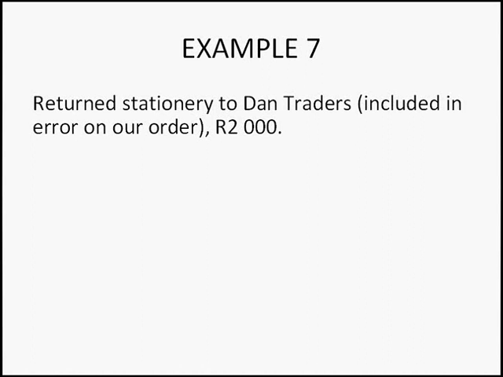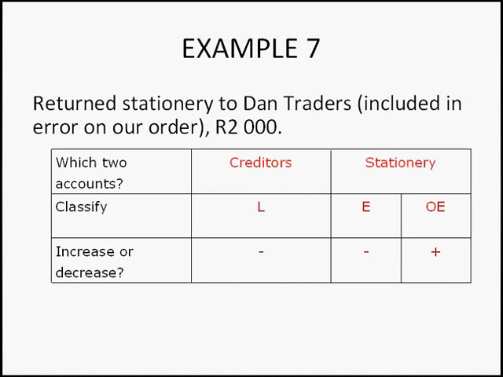So my creditors account has to be adjusted because where I've now indicated in my books previously that I owe my creditors the 10,000 rand for stationery, I actually have to correct that now and say that I only owe them 8,000 because 2,000 of that order was not mine. It was error and I need to give it back. So the two accounts involved are creditors and stationery again. Creditors we've already established as a liability and stationery an expense.